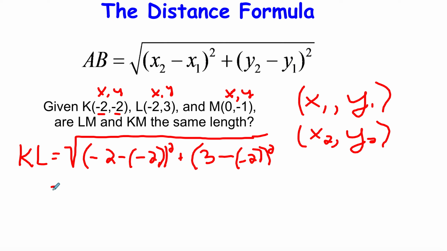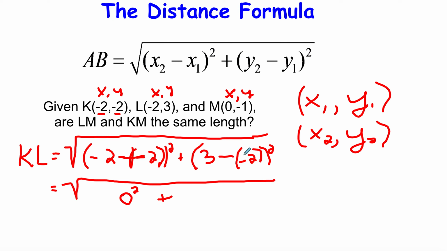So let's continue this work here. -2 plus, subtracting a negative is the same as plus, so this becomes -2 plus 2, which is just 0. So this whole thing over here just becomes 0 squared.